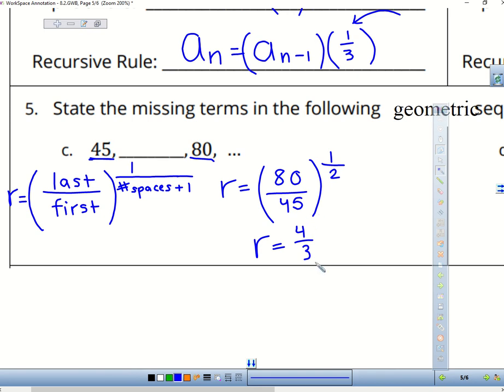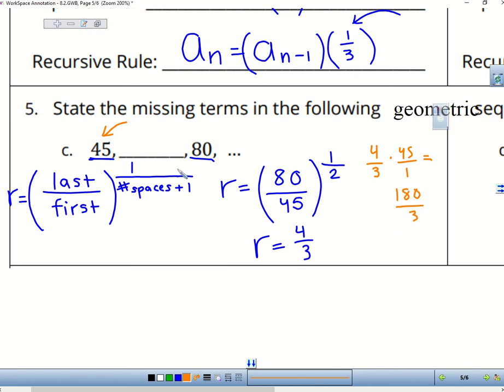So now that we know what R is, how can we apply it to get the next term? Exactly, you're going to multiply it by 45. So 4/3 times 45 over 1, that's going to be 180 divided by 3, which is 60.